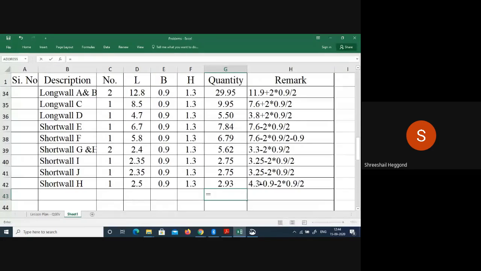Total quantity of excavation can be calculated. How much will be the quantity, compare with your previous method whether you are getting the same answer or not.